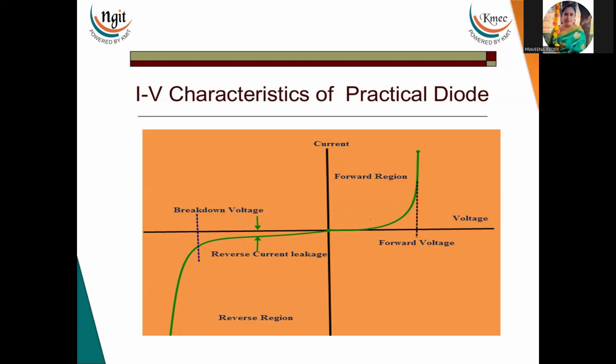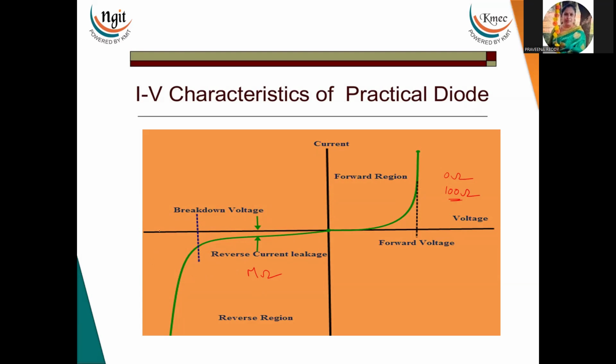Thereby, instead of offering infinite resistance, it offers some high resistance. And here, instead of 0 ohms, it offers some ohms, in the order of below 100 ohms. And here in the order of mega ohms or thousands of kilo ohms. Now that we will see.